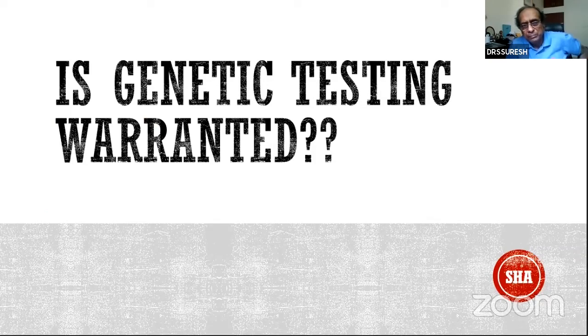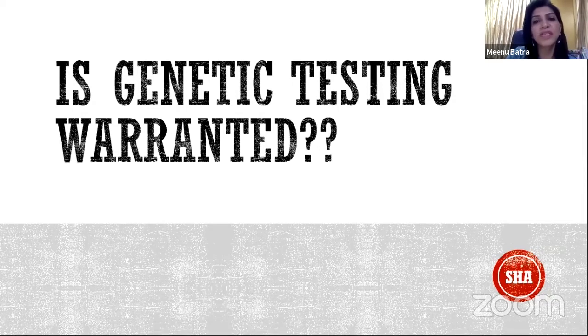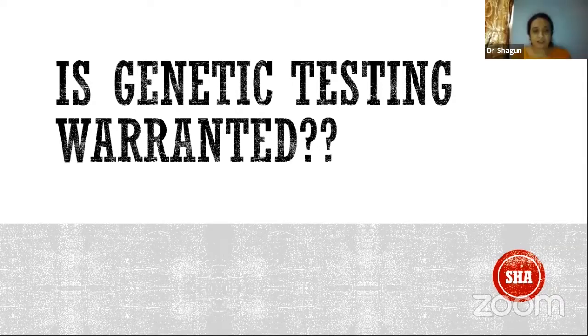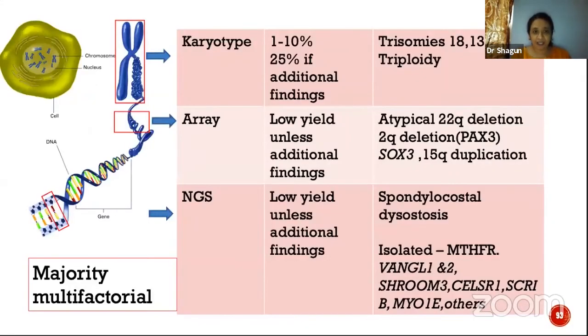So, Dr. Shagun, in a case of isolated open neural tube defect, do you think we should be doing genetic testing for this fetus? Even though this looks like an isolated spina bifida, and we know that the majority are multifactorial, that is, an interplay of genes and environment, still 1 to 10% of cases can have an abnormality on karyotype, and this would obviously change your prognosis because these children would fare much worse.